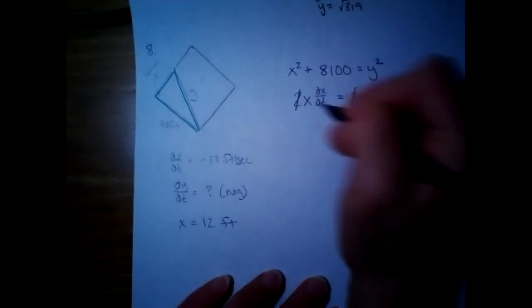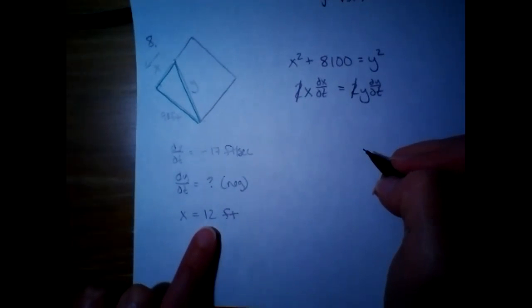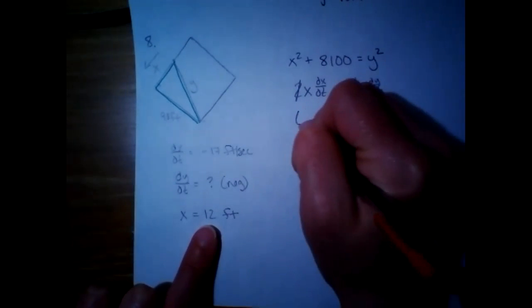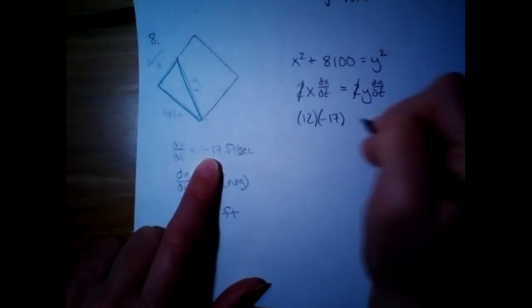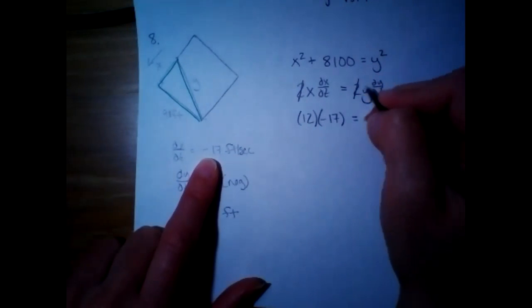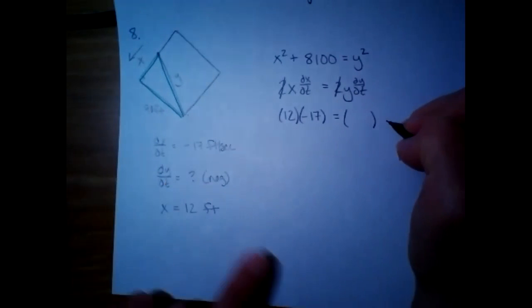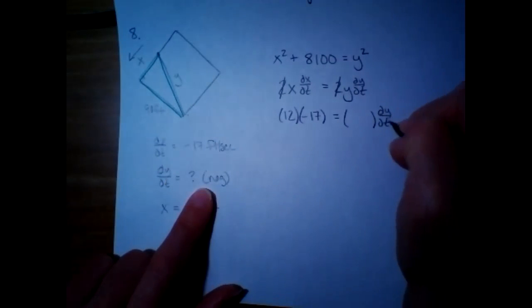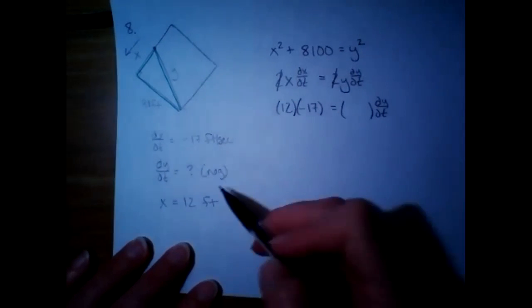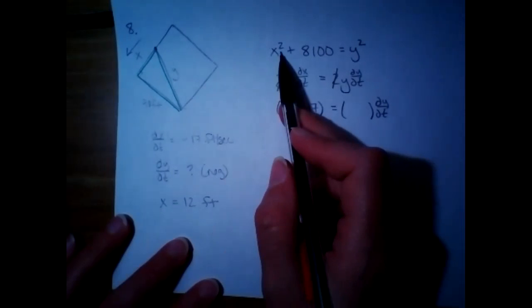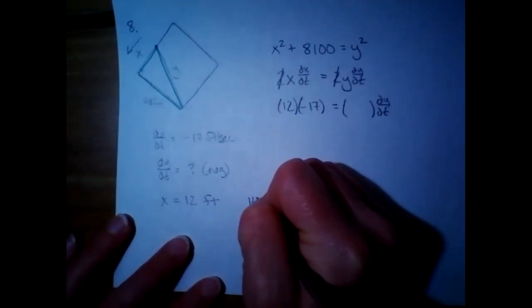The 2's are going to cancel, and then we're going to plug everything in. So x is 12, dx/dt is negative 17. Y we are missing, and then dy/dt is what we're looking for. So I'm going to go back to this original relationship and plug in x is 12. So 12 squared is 144.